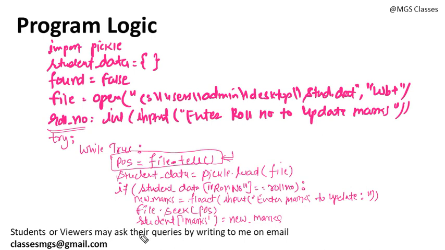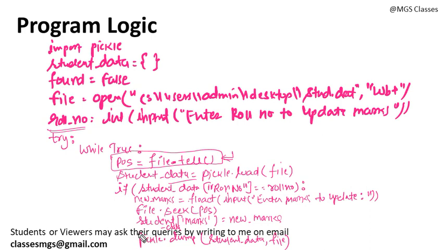And now we need to use the dump method to update the marks of the student. So we use pickle.dump, and first you need to pass the data, student underscore data, and then you need to pass the file pointer here.